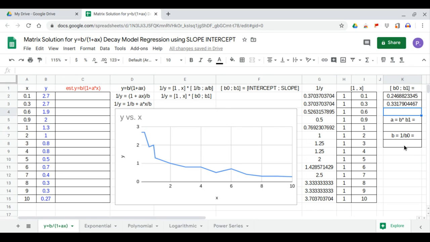Our b0 is the intercept, b1 is the slope, and our value b is 1 over b0, which is this value. And our value for a equals b times b1.